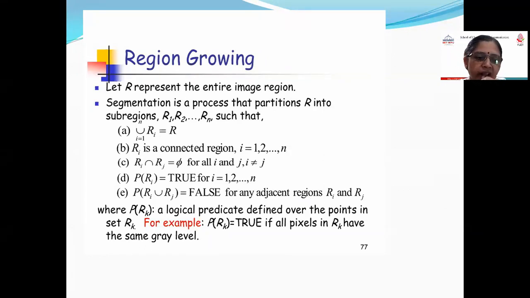P(Rk) is a logical predicate defined over the points in set Rk. For example, P(Rk) is true if all pixels in Rk have the same gray level. This is one example of the predicate or similarity criteria.